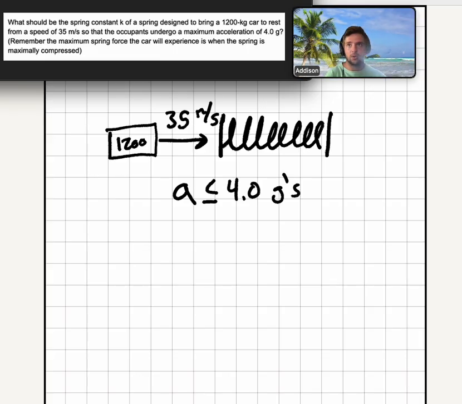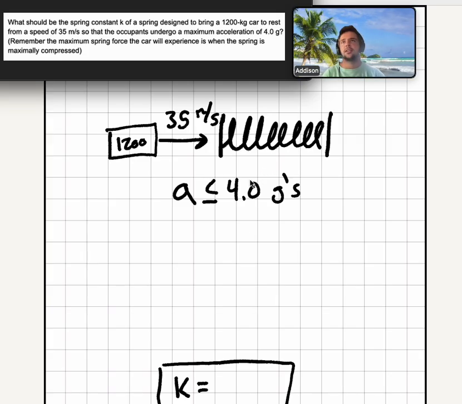So we're trying to solve for k, the spring constant, such that the acceleration is limited to 4 g's. There are quite a few variables at play to figure out what that k should be.